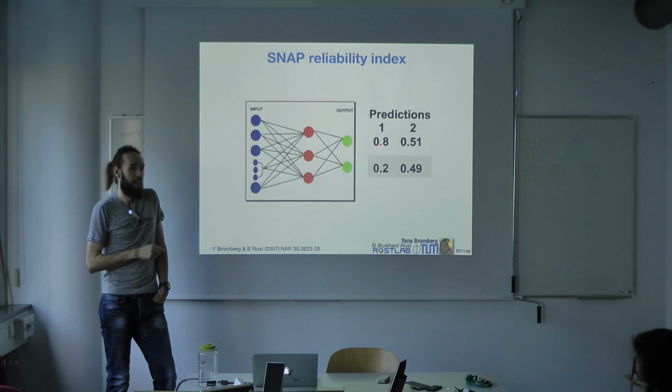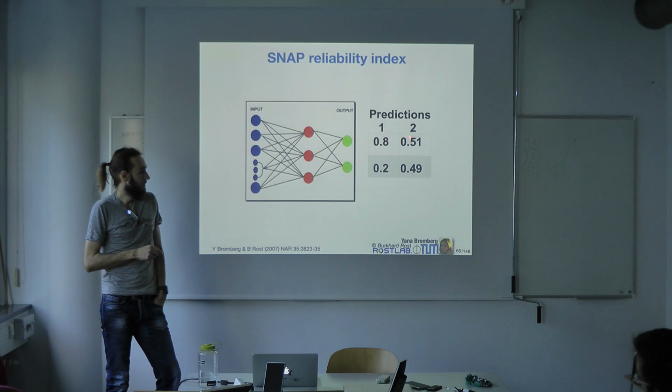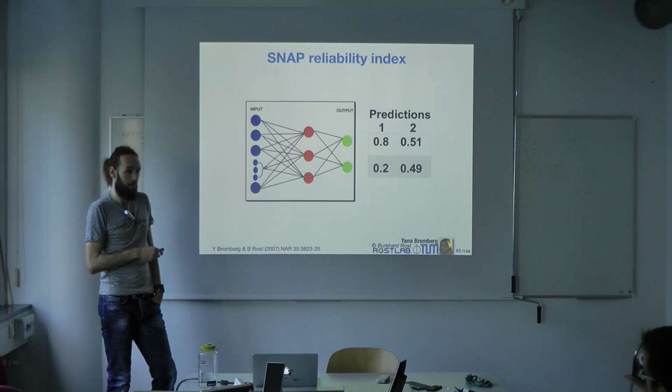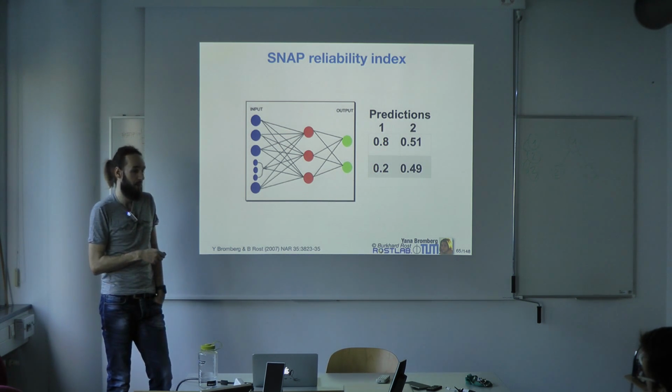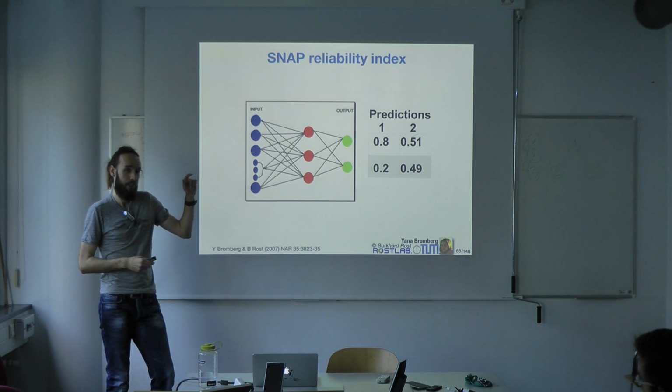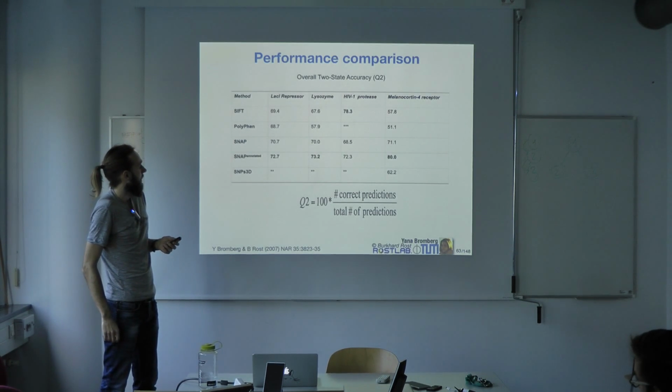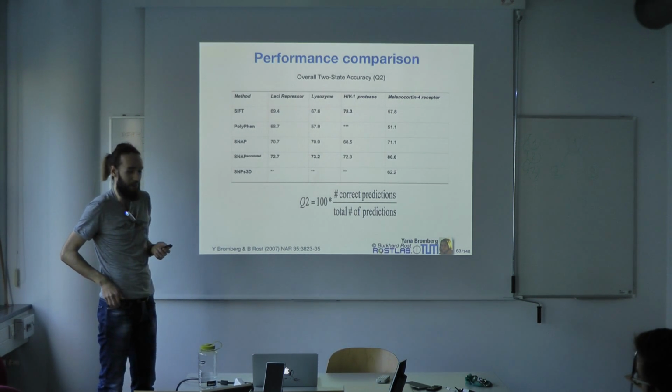Here we are relatively sure that this is effect. While for the other one, we have 0.51 and 0.49. So both of these will be predicted as effect, because this value is higher than the values down here. But we can see that the predictor is more sure about its prediction here than it is over here. And this differential between the output nodes is then used later on.